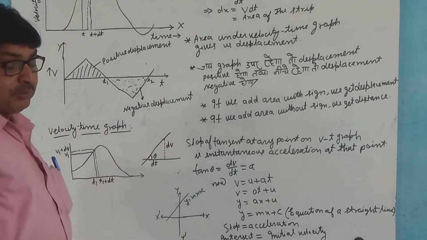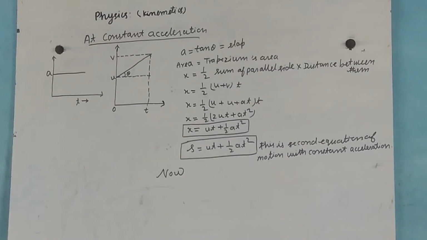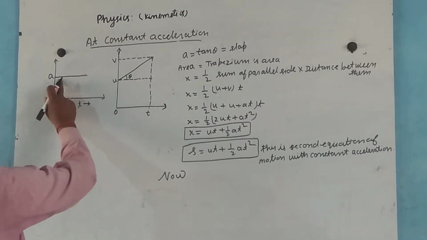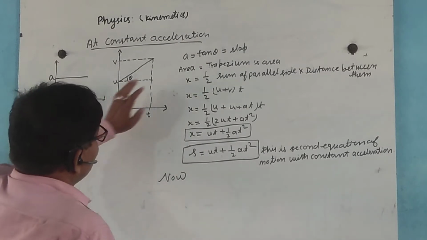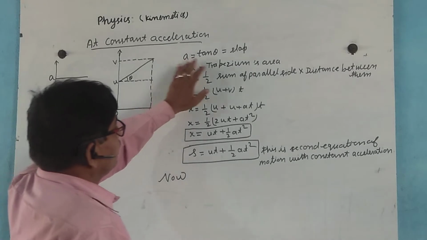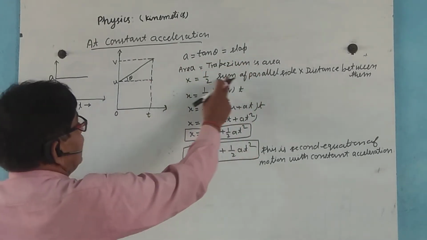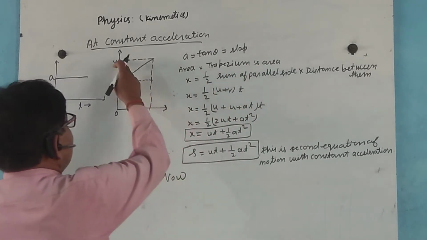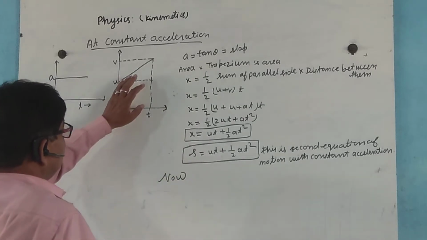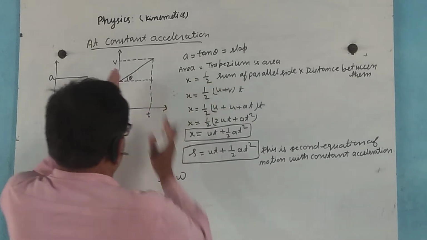Now here we have constant acceleration. Acceleration is constant here. In this case we know that a is equal to tan theta, that is known as the slope, so the area of the trapezium, x, is equal to half the sum of the parallel sides.